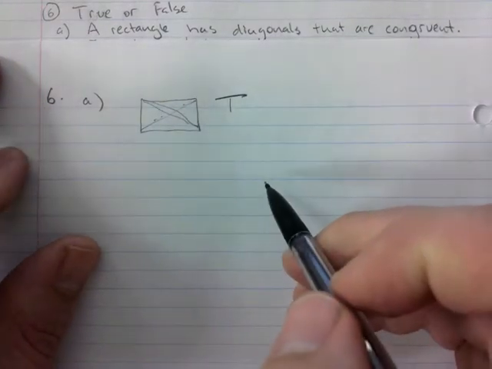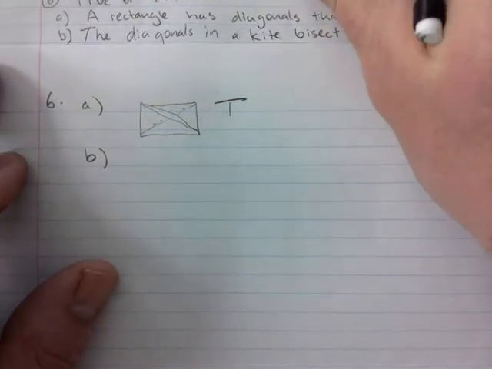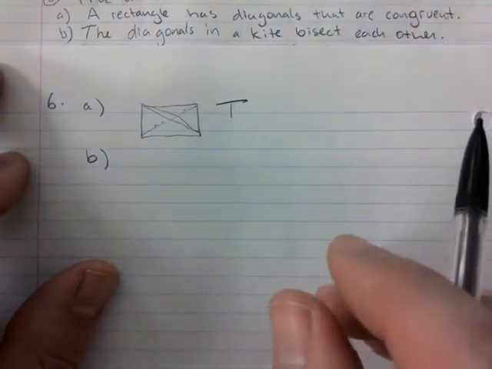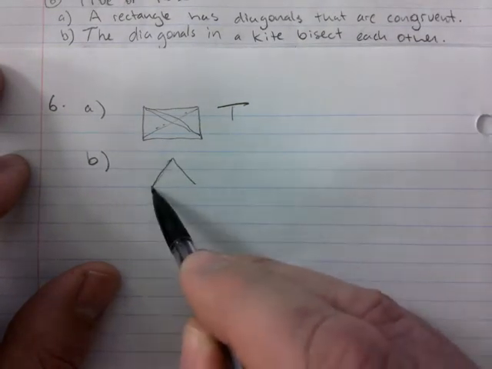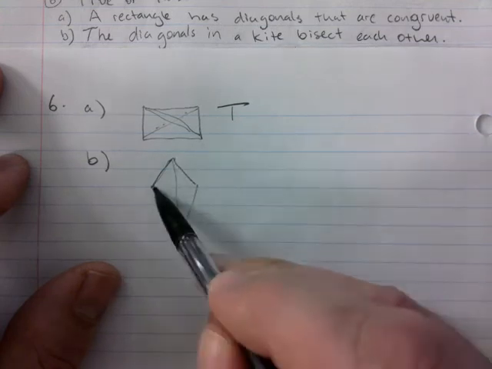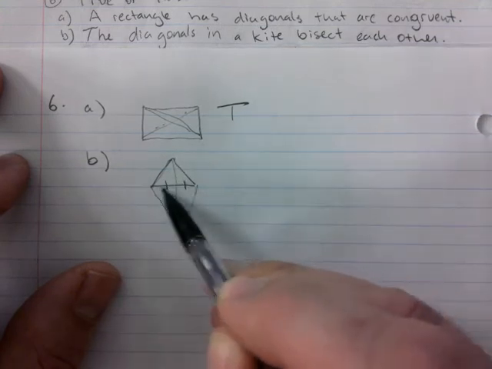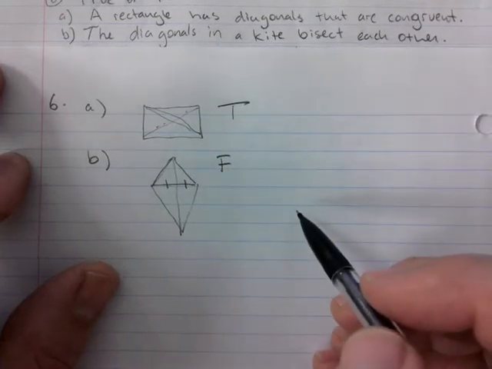So 6A is true. 6B, diagonals in a kite bisect each other, and that is false. They don't bisect each other, only the short one is bisected. This one isn't, so that one would be a false.